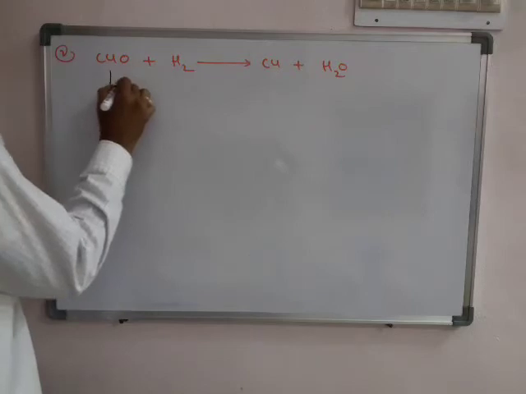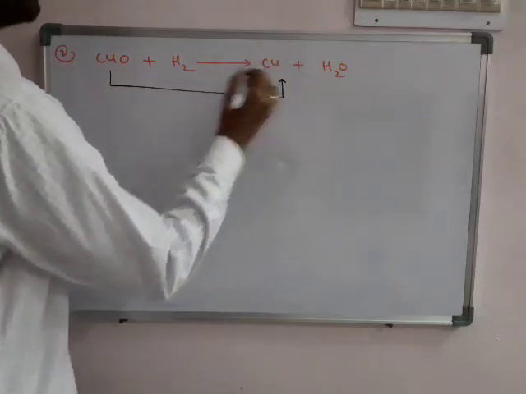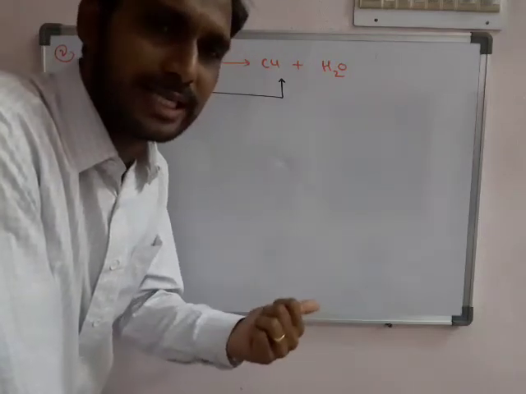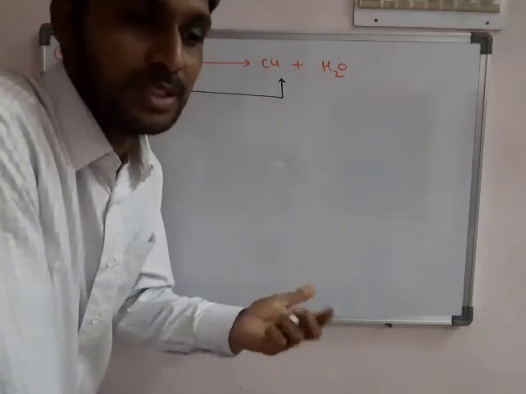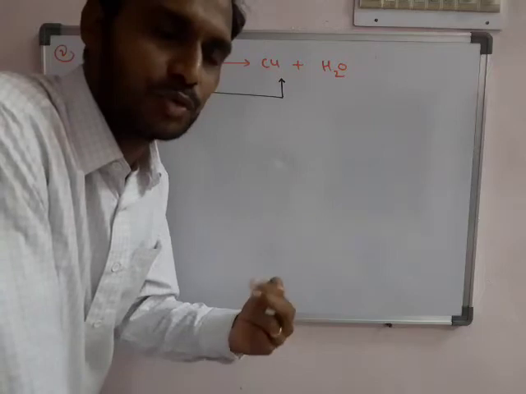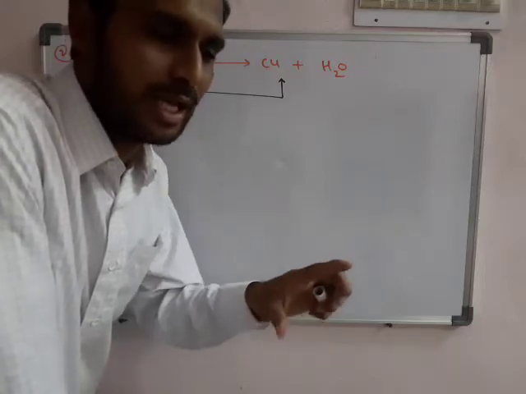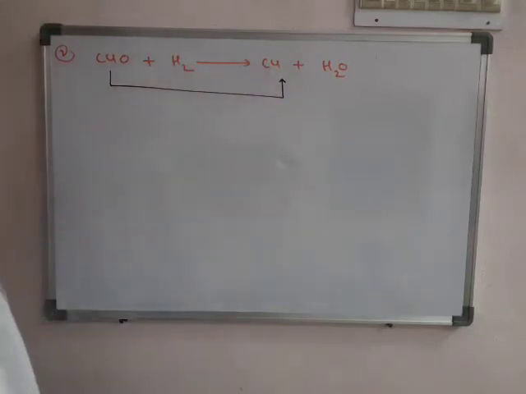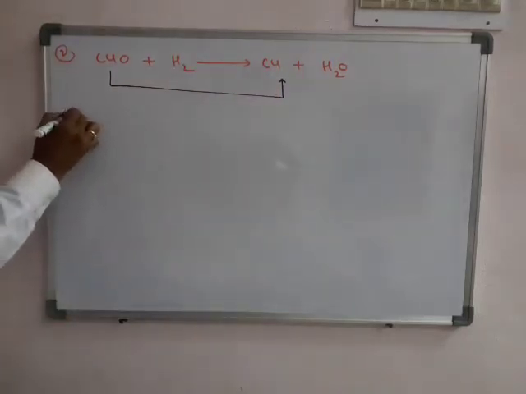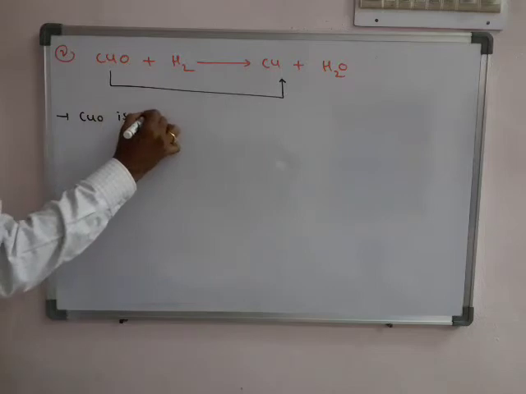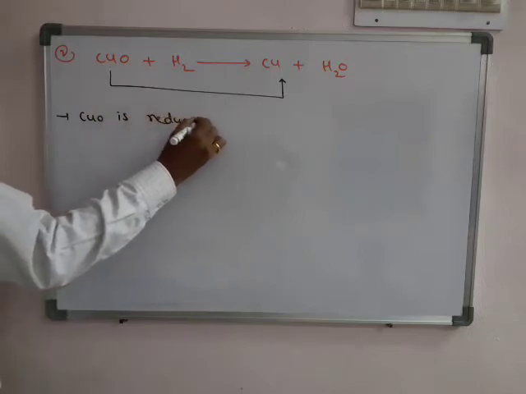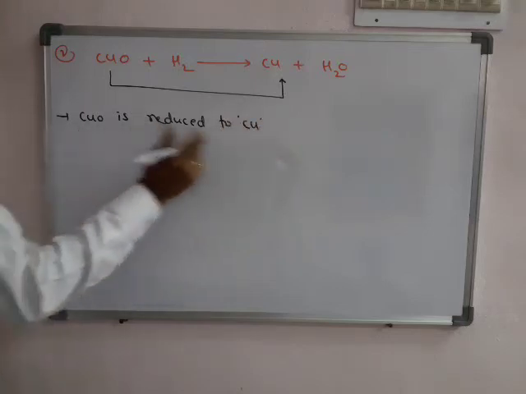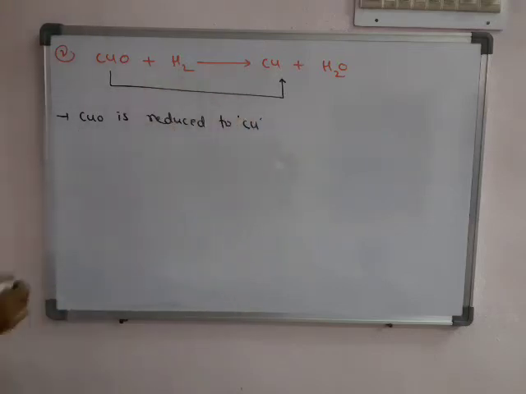Before, Cu became CuO, combined with an oxygen atom, and that was oxidation. Here it is exactly reverse: CuO becomes Cu, it loses oxygen. So we can write CuO is reduced, reduced to copper.